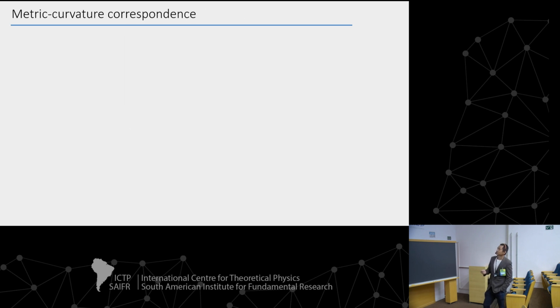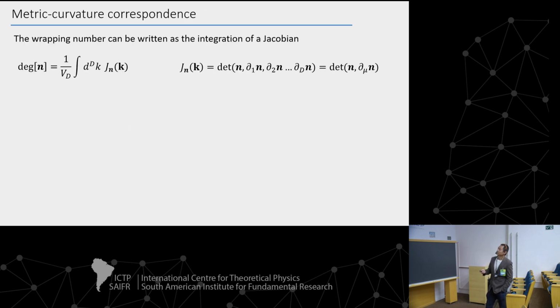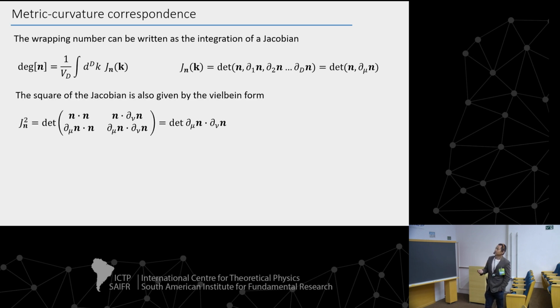Then what is interesting is the following feature. Namely, if you go to our universal topological invariant, constructed from this cyclic derivative of these n vectors, now because it's fully anti-symmetric, you can write it into this determinant form. Then it is very easy to prove that this integrand, which also plays the role of the Jacobian of the map from the torus to this Dirac sphere that I showed you, turns out that the square of this Jacobian is just the determinant times determinant, and multiplied together looks like this.